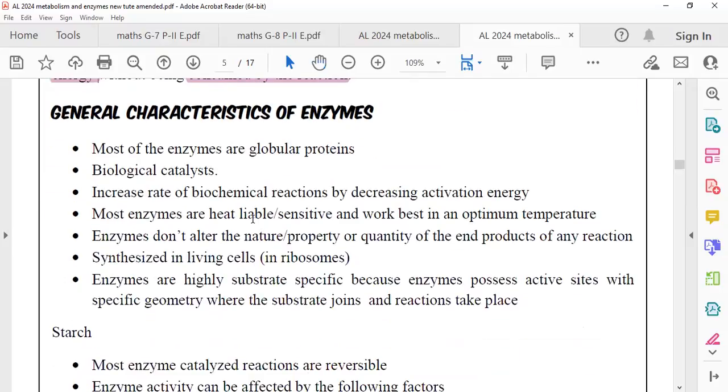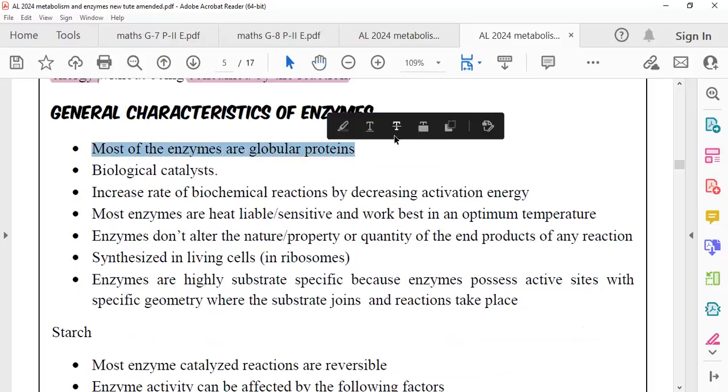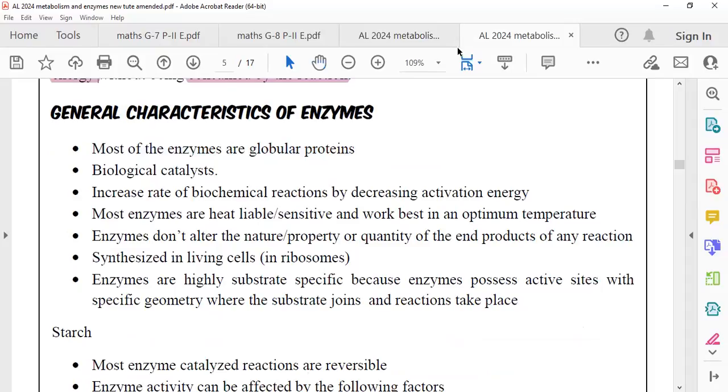Right. Now, what are the characteristics of enzymes? One characteristic of enzymes: most of them are what is written here? Globular proteins. Why?